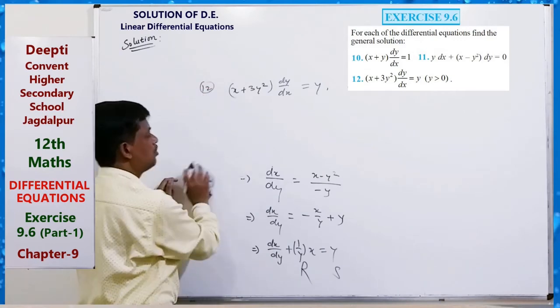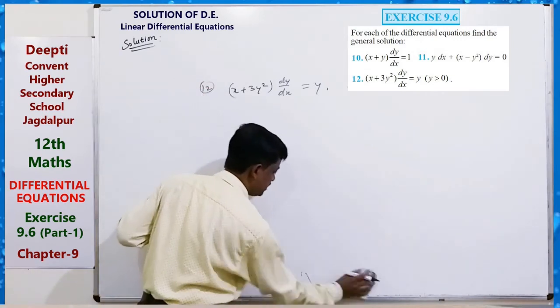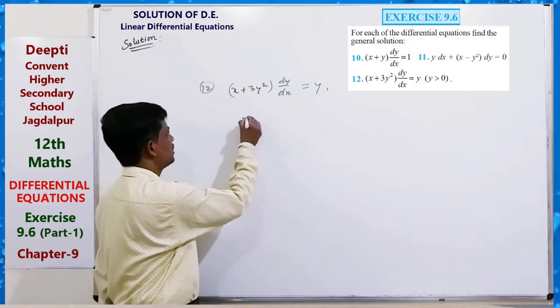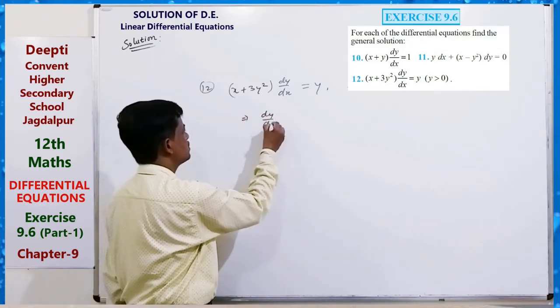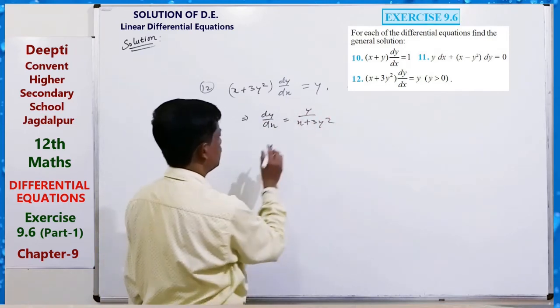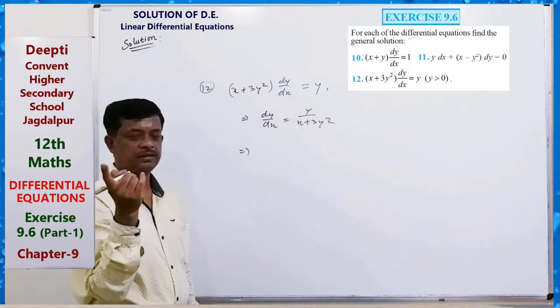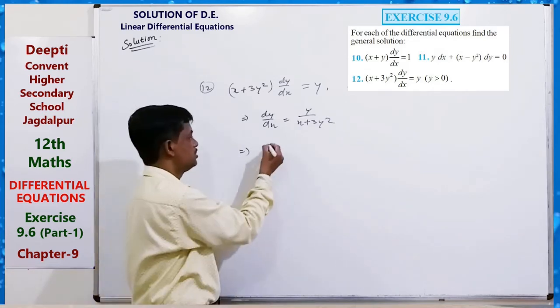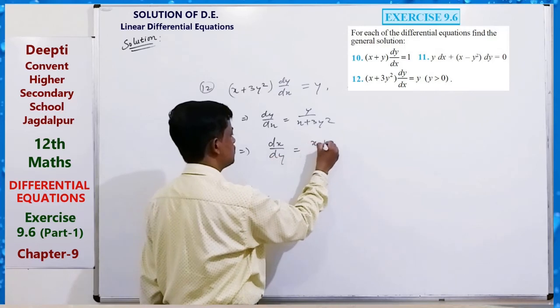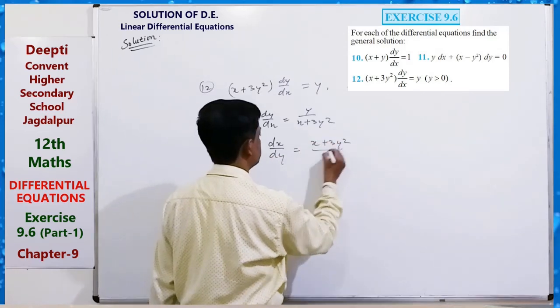It can also be solved by adjusting. How? Write dy by dx equals y upon (x plus 3y square), not separable, not homogeneous. So just invert it: dx by dy equals (x plus 3y square) upon y.